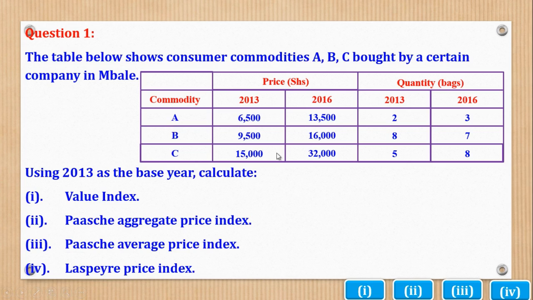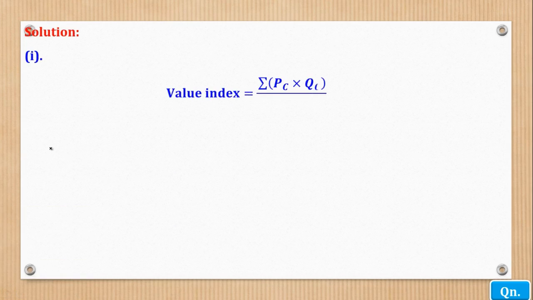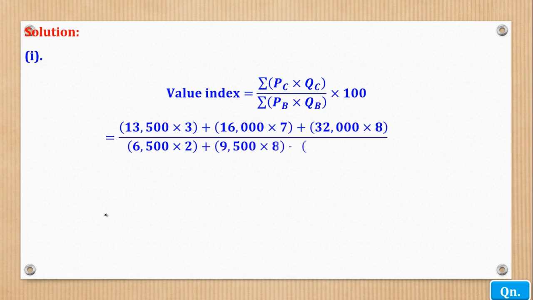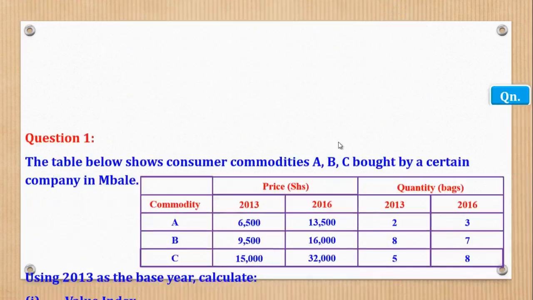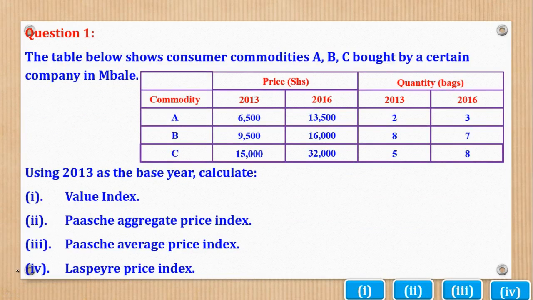So for Roman 1, remember we said value index deals with both base year and current year prices, and also base year and current year quantities. So we shall come here and first of all quote the formula for value index. Then we are going to substitute. That means that when you go back here, this is current year, so this times this, this times this, and this times this will give you the numerator.